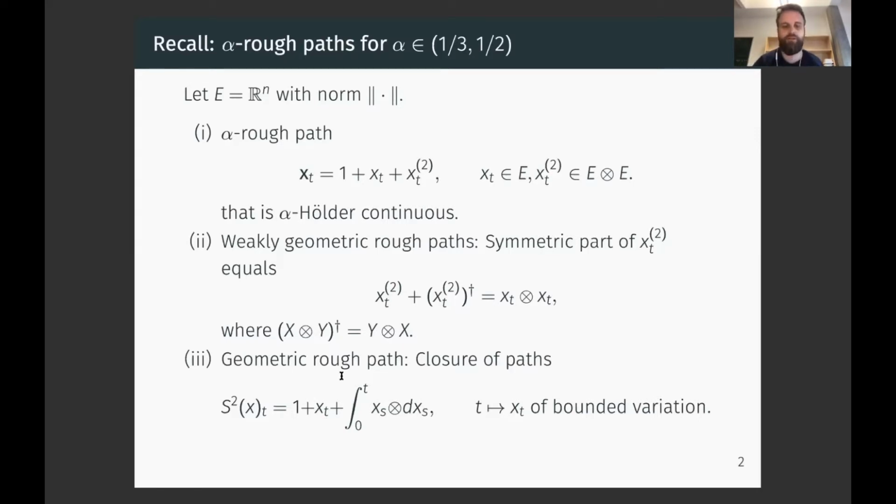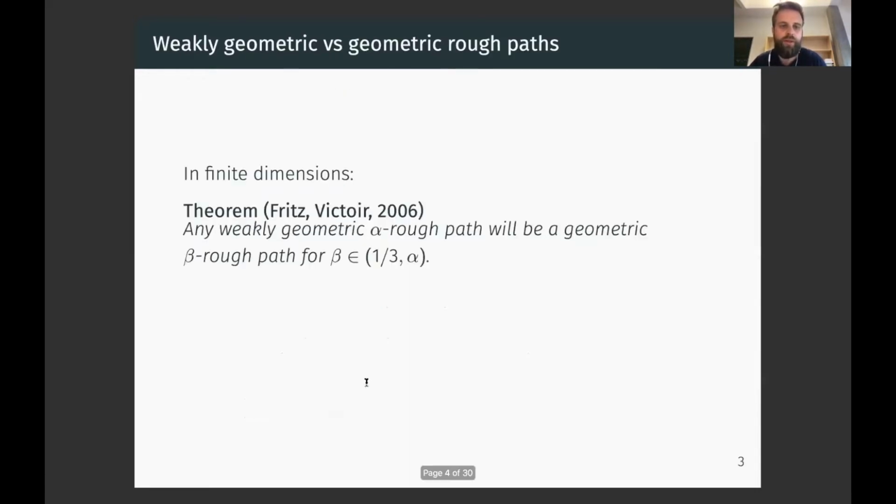By standard integration tricks, geometric rough paths are weakly geometric rough paths. The other way around, the relation is as follows: if you have a weakly geometric rough path, then it will be a geometric rough path if you lower the Hilbert exponent ever so slightly.